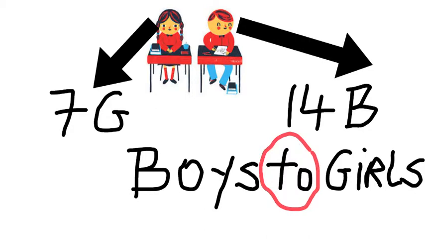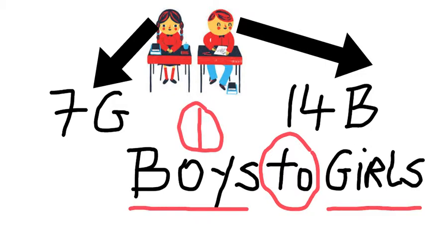The second thing I want you to notice is the order in which the words come in. Boys comes first and girls come second. This is very, very important, because if you switch them around, your answer is completely wrong. I'm going to show you what I mean by this when we get to the practice questions.